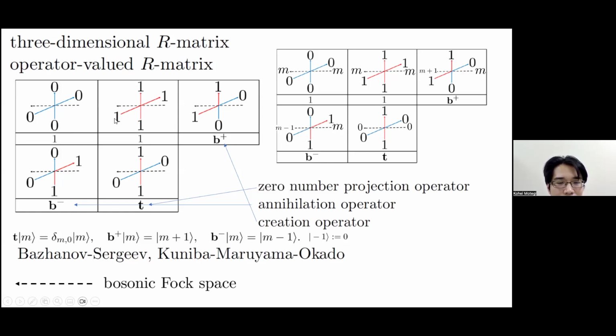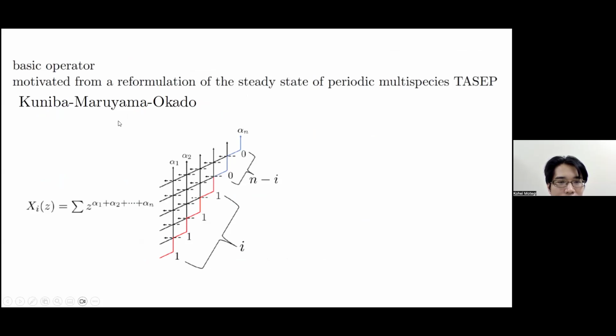And this operator xi_z is actually this kind of partition function constructed from this operator valued five vertex model introduced by Kuniba-Maruyama-Okado.